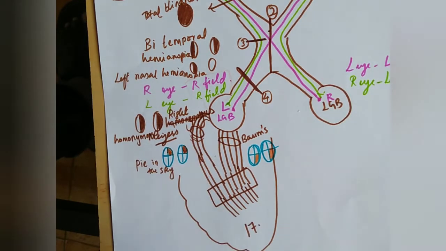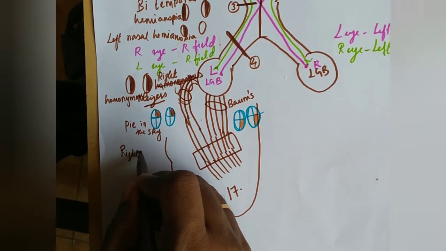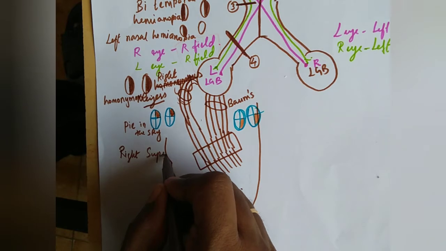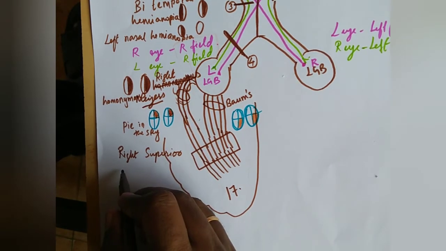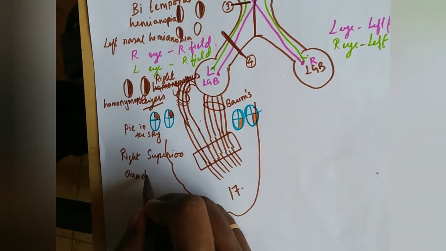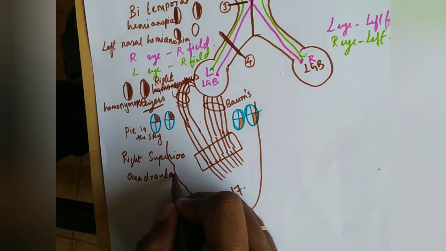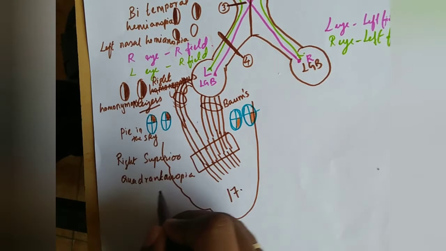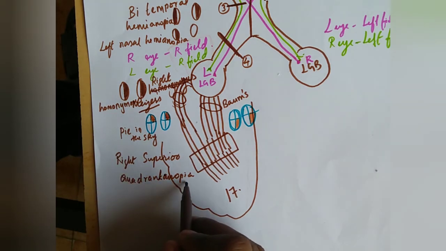Otherwise, since it is right side, it is right; since it is superior, it is called superior; since it is a quarter part, it is called quadrantanopia. It is called right superior quadrantanopia.